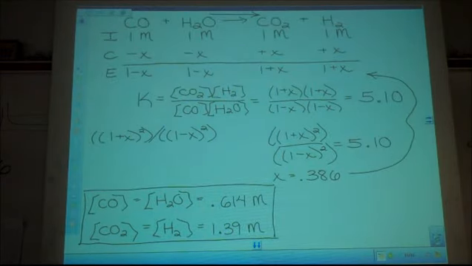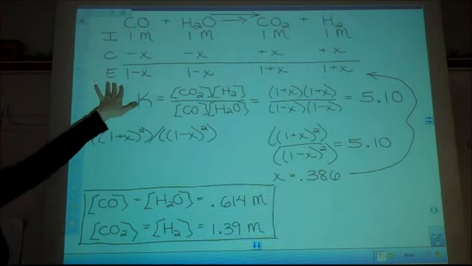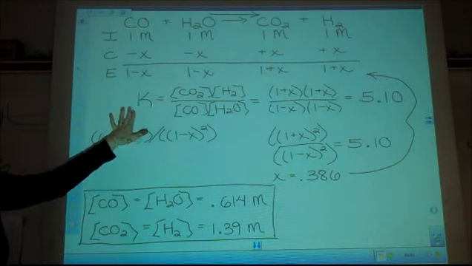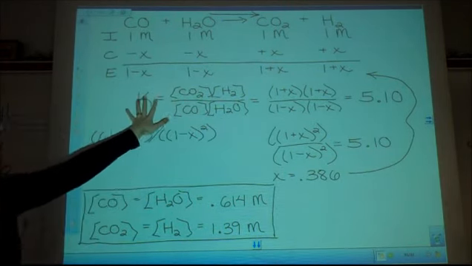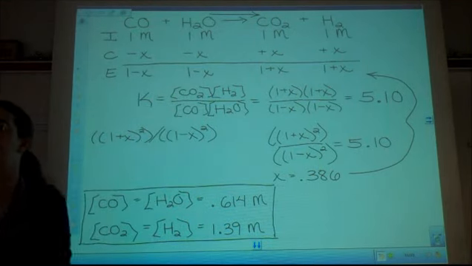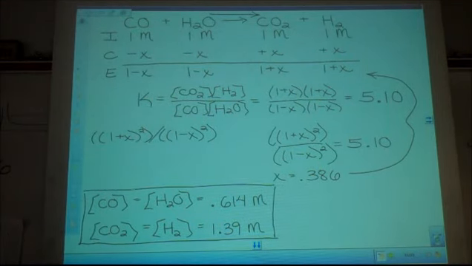So ladies and gentlemen, to recap here. Our ICE table setup, our equilibrium expression setup, is exactly the same as what we did last class. The difference between this type and the one we did last class, what I call type 1, is we used a different method to find x.